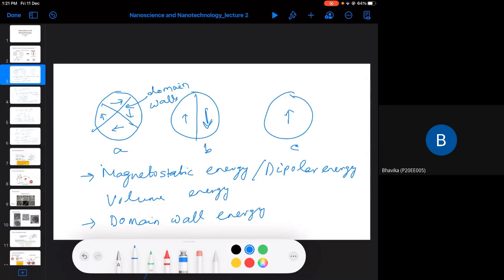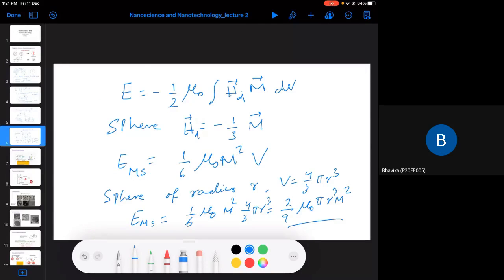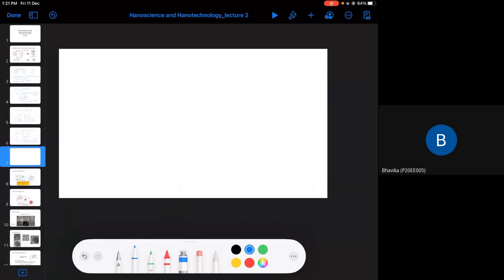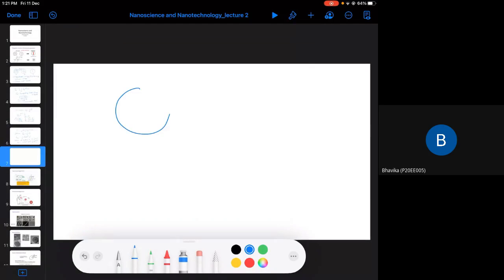Therefore the HD will be different here. Let me go back here so I can add one more. If I take this case, I have magnetization pointing up and magnetization pointing down.